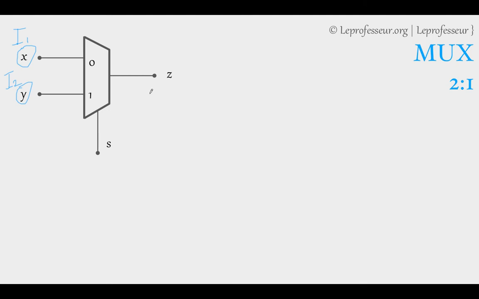Which input will be passed on to the output Z depends on the select line. So this is the select line. If select is 0, then output Z will have the signal routed which is coming on to the I1 pin, or the value X.